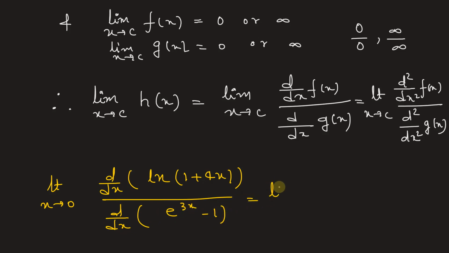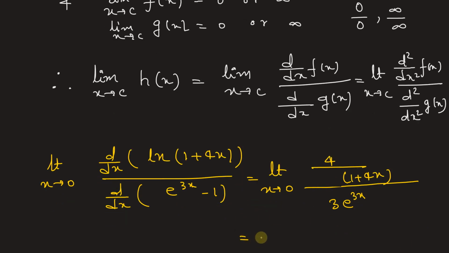So this will be equal to limit x tends to 0, and the differentiation of this function will be 4 divided by 1 plus 4x, whole divided by 3 e to the power of 3x. Now if we put the limit here, we get 4 by 1 plus 0 into 1 by 3 e to the power of 0, which is equal to 4 by 3.